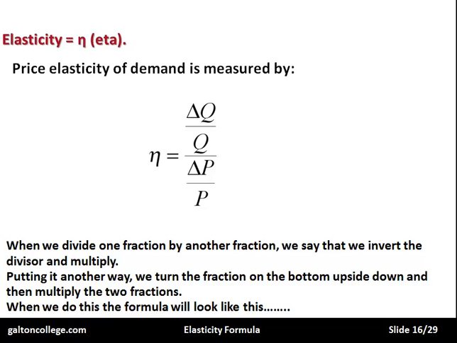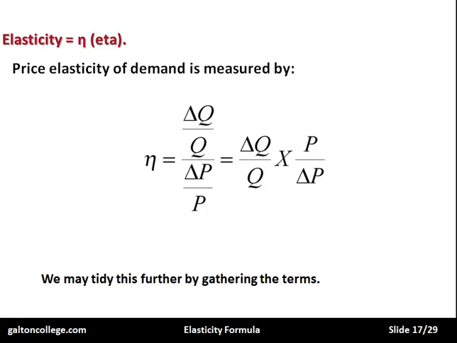When we do that, it'll look like this. We've taken the top fraction here, and we've turned this one upside down and multiplied it. That's how you divide by fractions. Simple. That's what we do at school.